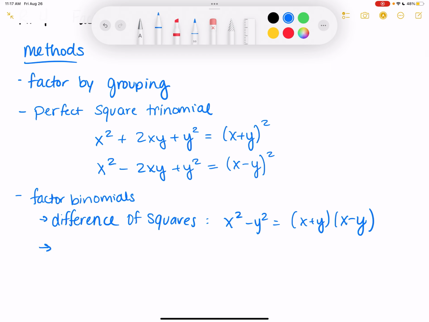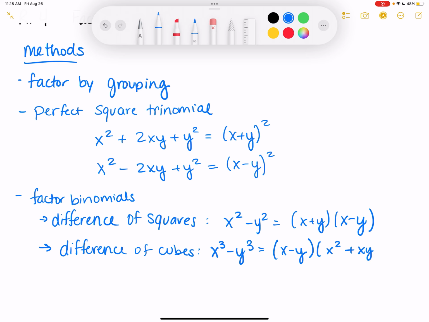We also have a difference of cubes. So if you had like x cubed minus y cubed, that's equal to (x minus y) times (x squared plus xy plus y squared).